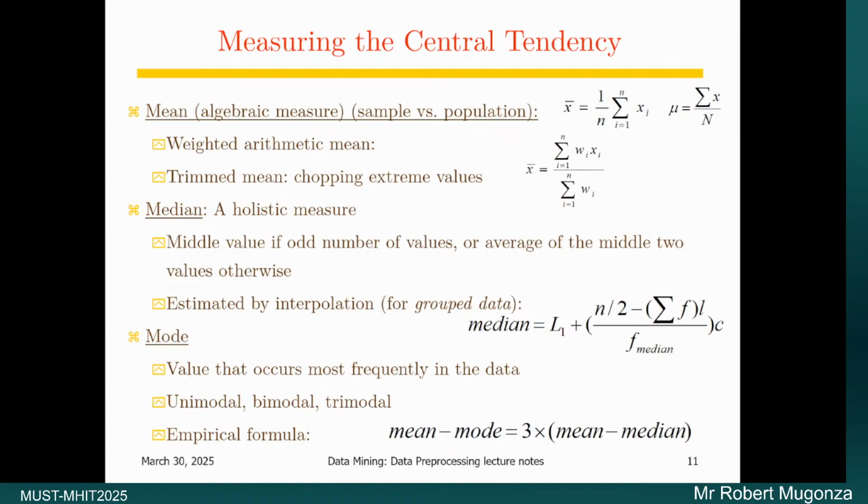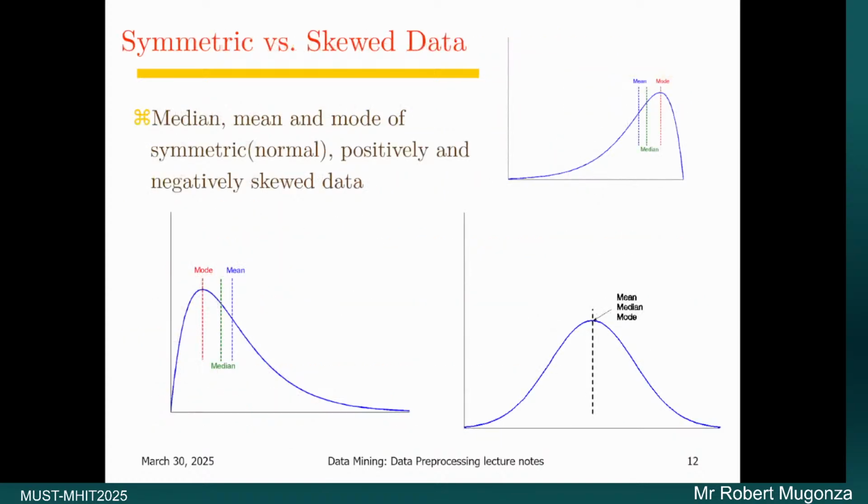It introduces what we call skewness, or symmetry of data. Our data can be either negatively skewed or positively skewed, and if not those two, then it is normally distributed.